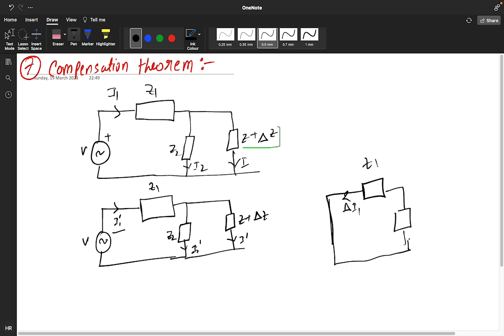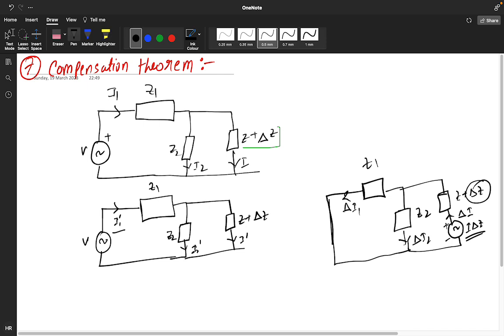Okay, and this I am assuming my delta I2 now, Z2, and this Z plus delta Z, and I had assumed some voltage here. This current I am assuming in this particular direction, delta I, and this plus minus I am assuming I delta Z. Why?